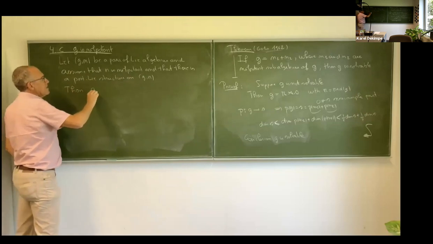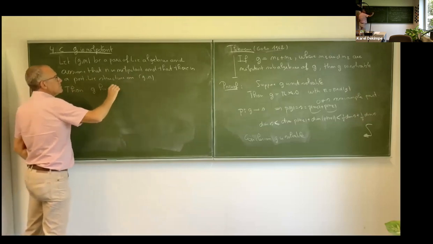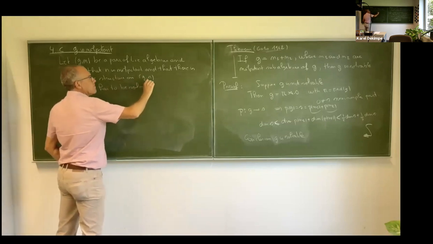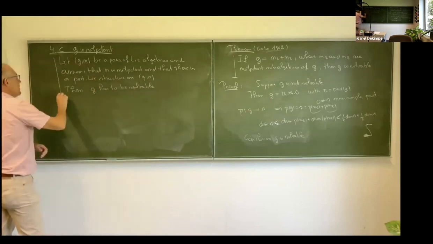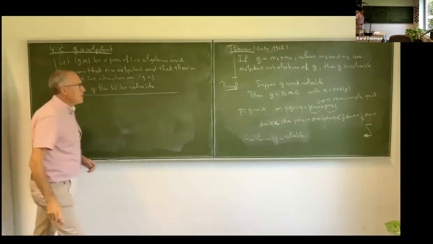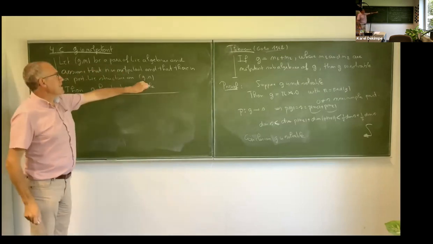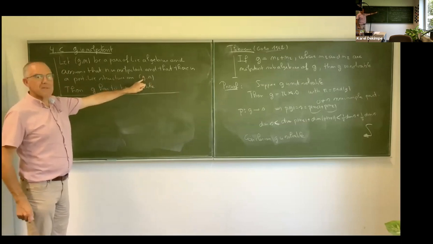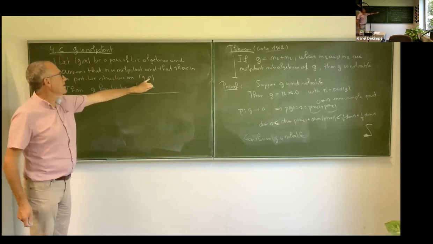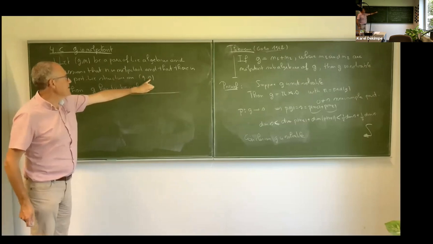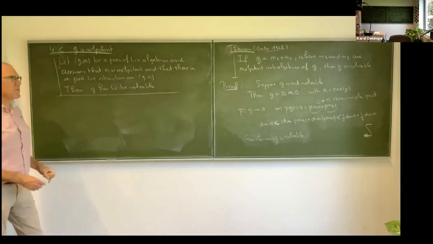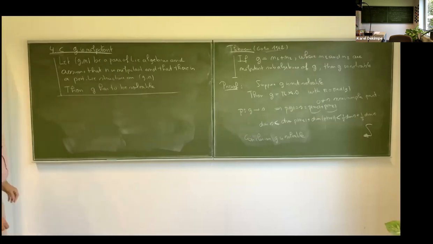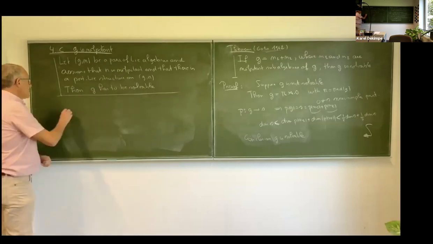Then G has to be solvable. We had this when n was abelian, where G had to be solvable, actually two-step solvable. Now we can conclude that if n is nilpotent, then G also has to be solvable. So we cannot reach simple or semisimple or reductive Lie algebras in this setting.